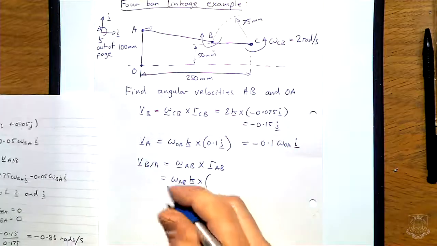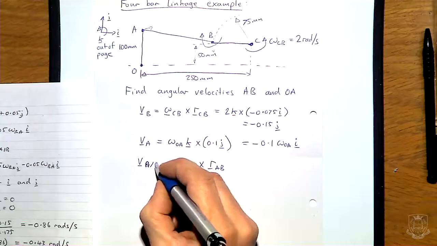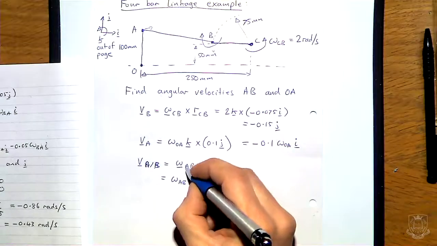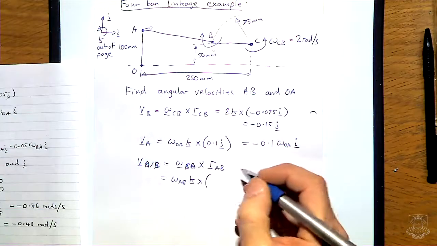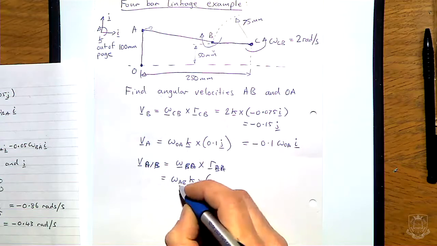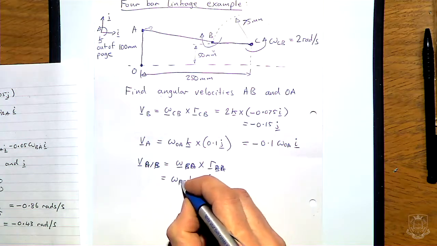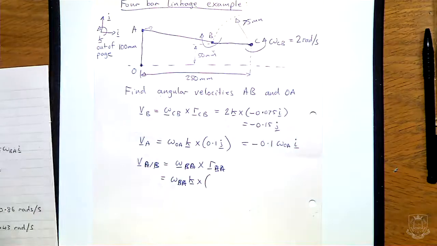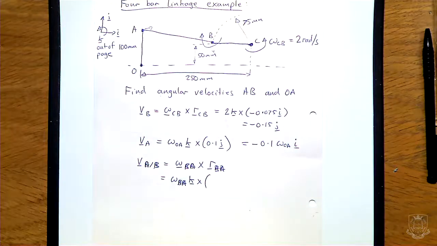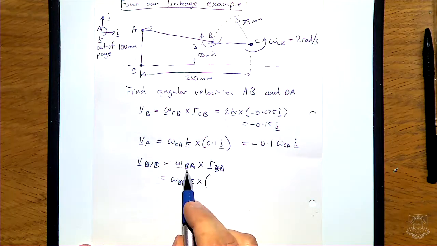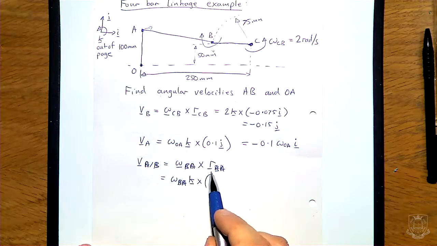This should be A relative to B, and this is omega BA crossed with RBA. Sorry about that. Shows you how easy it is to make a slip. So V, A relative to B is equal to omega BA crossed with RBA.